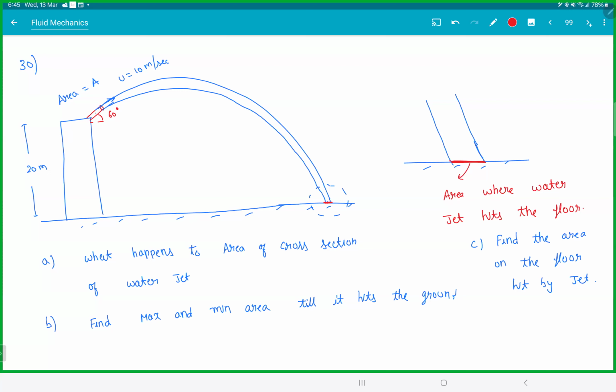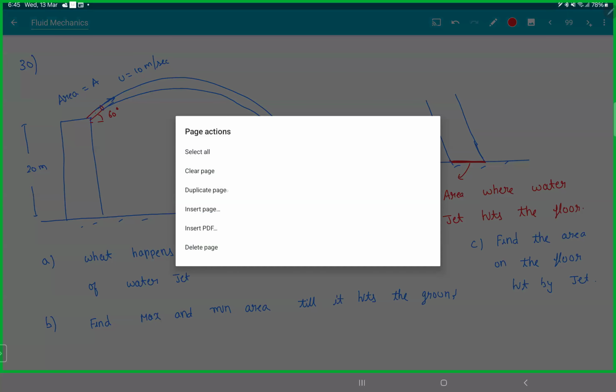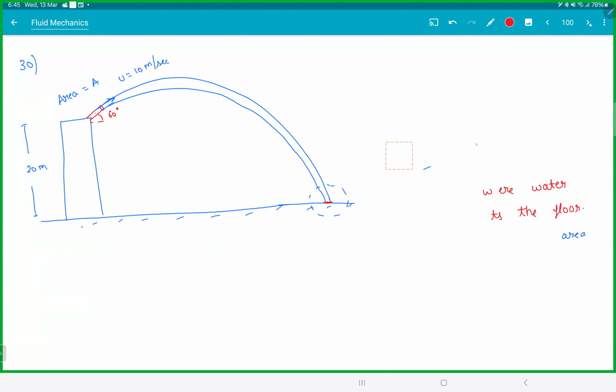So first thing, as the velocity goes up, what happens? It increases and decreases. So at the highest point, the velocity is u cos theta, which is u by 2.